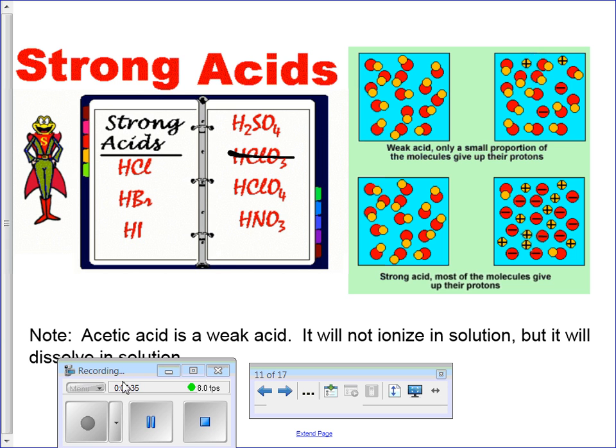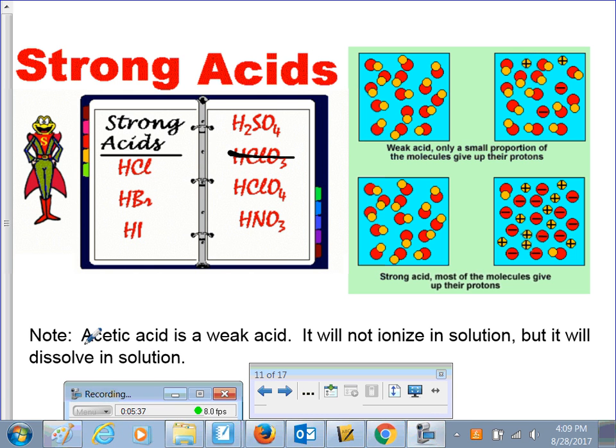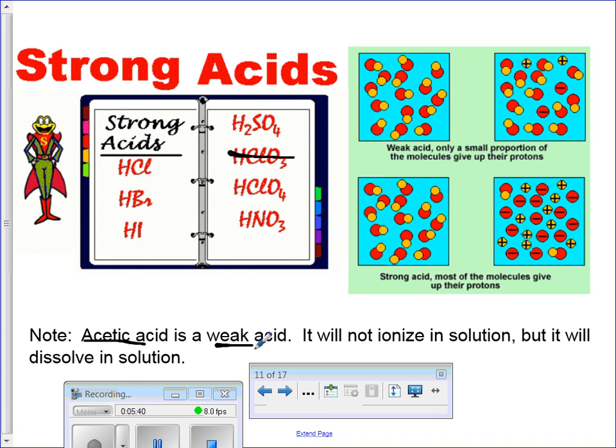A weak acid like acetic acid is not in this list of your 6 strong acids. So it will not ionize, it will not make ions in solution, so do not split it up into ions in your complete or your net ionic equations. It will still dissolve in water, it just won't make ions. So you'll still put an AQ beside acetic acid, but do not split acetic acid into ions. And I have an example of that for you.